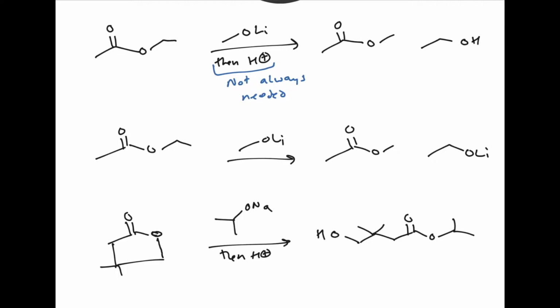If you didn't have the then H plus, in this case, you can do this alkoxide with a sodium. I get to the O sodium. You don't want the O sodium, you want the alcohol. So you add the H plus to turn that into the alcohol. So that was transesterification.